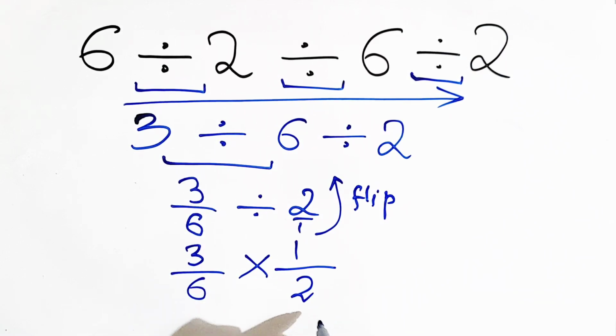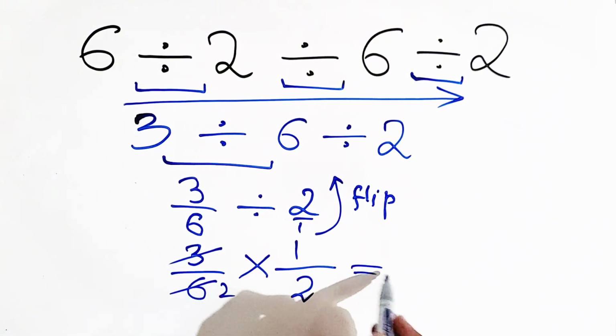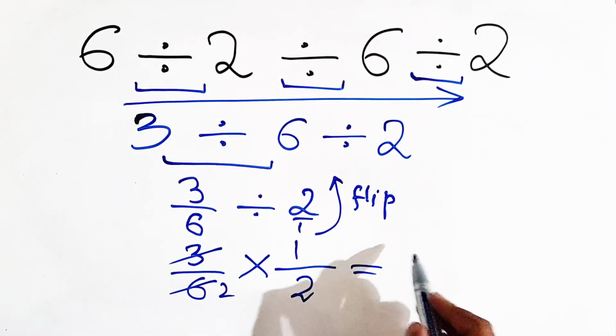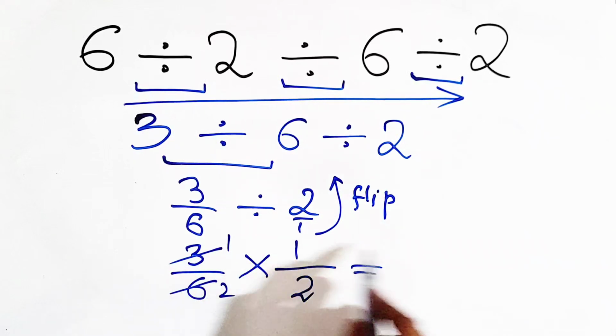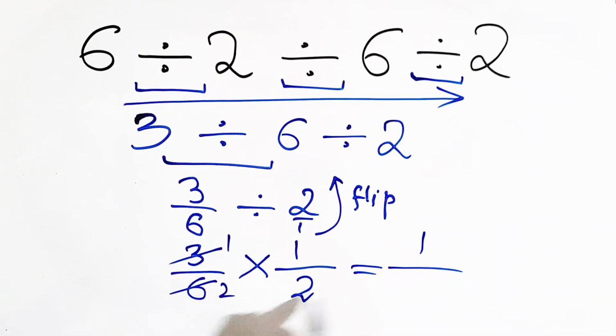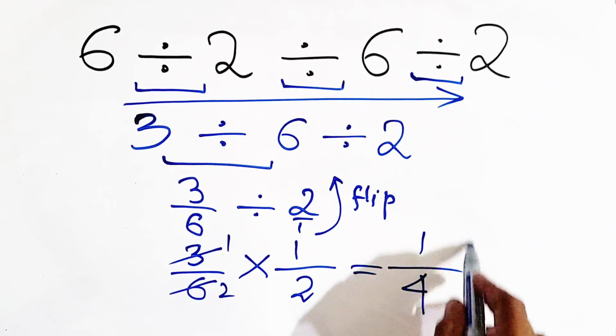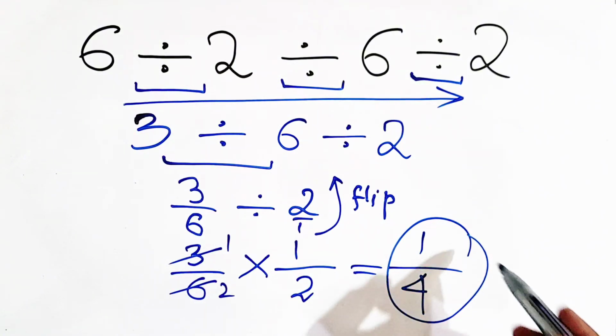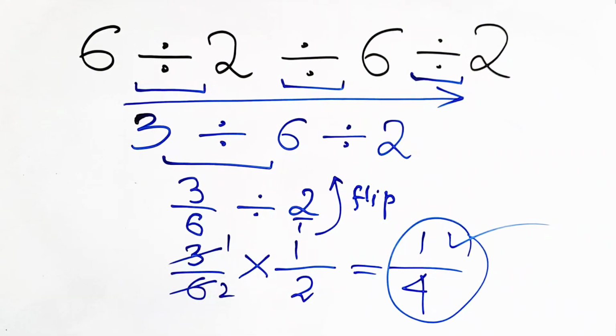So overall this will be equal to 1 over 4, because 1 times 1 gives us 1 over 2 times 2 gives us 4, which will be our answer for this PEMDAS based question.